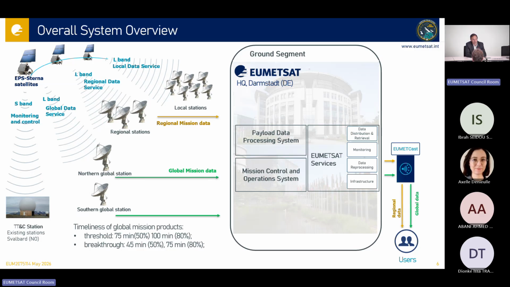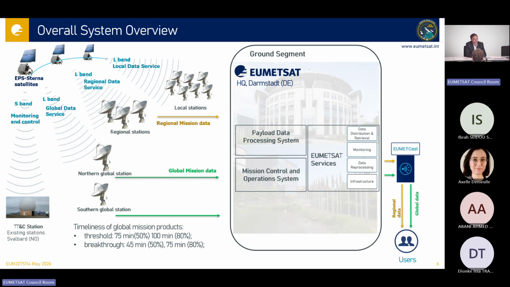Whereas for the L-band, we will have dedicated antennas for Sterna. These are 3 sets of antennas in Svalbard, which will be delivering the so-called global data. And in order to improve timeliness, we will also have 2 antennas in the southern hemisphere, in particular in Punta Arenas, also equipped with L-band capability.